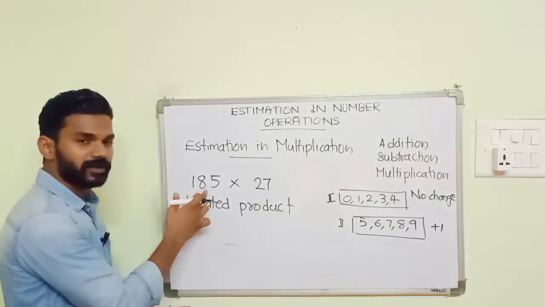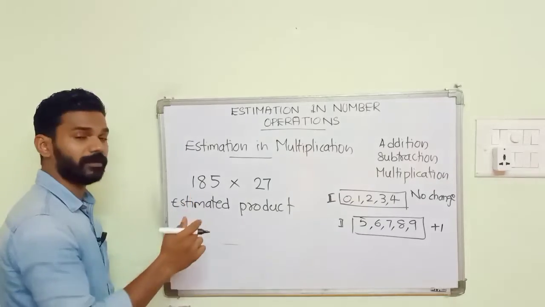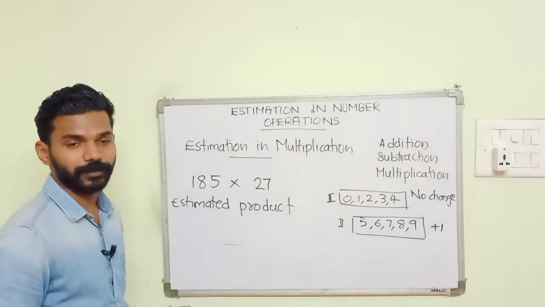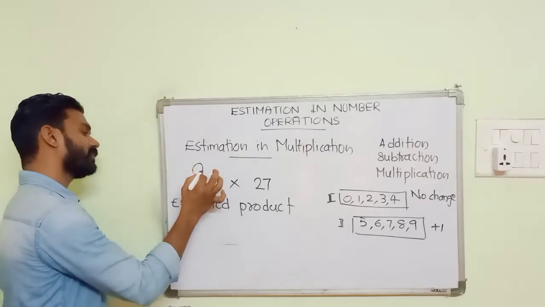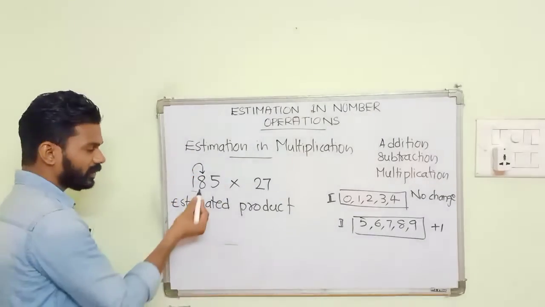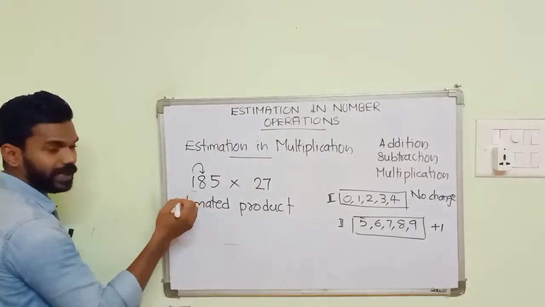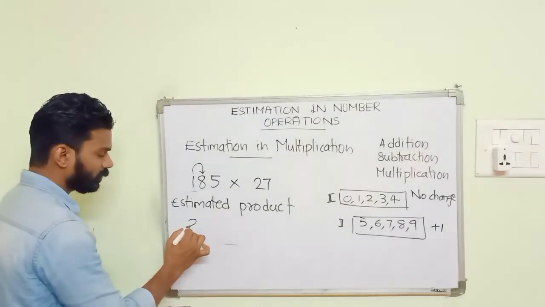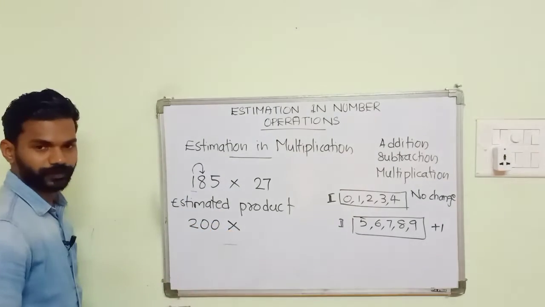For fast calculation it is better to round off this number to the nearest 100. For that I will choose the hundreds place. Now I will check the next place, which is 8. 8 belongs to the second group, so this 1 has to be replaced with 2. Then 2 zeros. Now we can put an into.